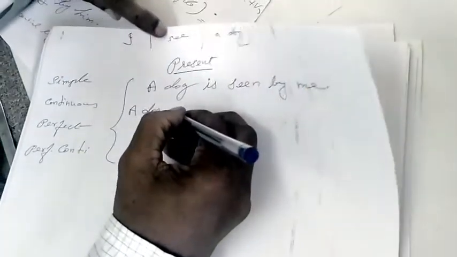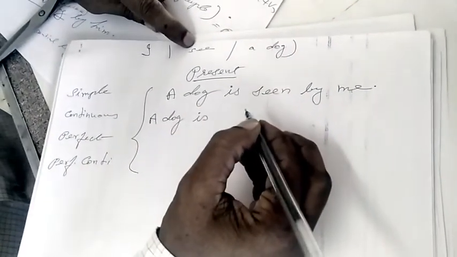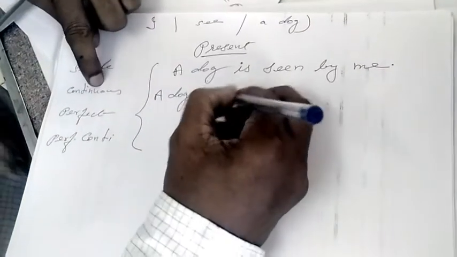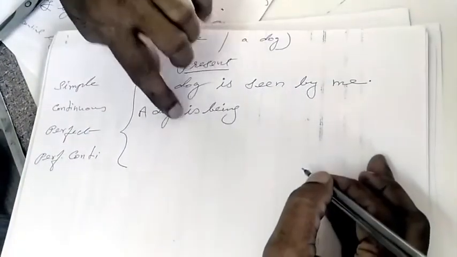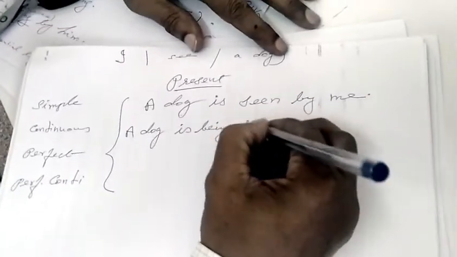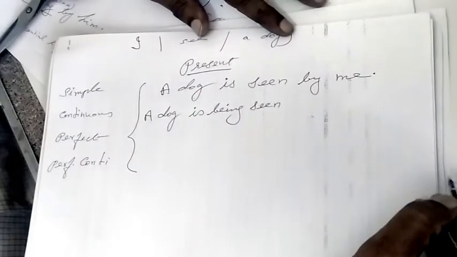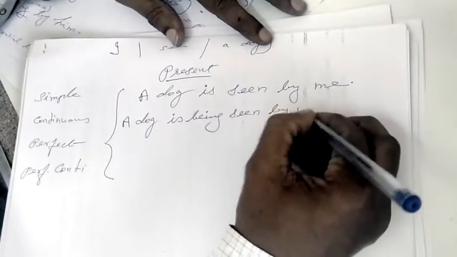Continuous tense: a dog, again third person singular, therefore is, but it is continuous tense, therefore I use the ing form. B group and ing form: a dog is being, and then seen, that is a past participle. A dog is being seen by me.